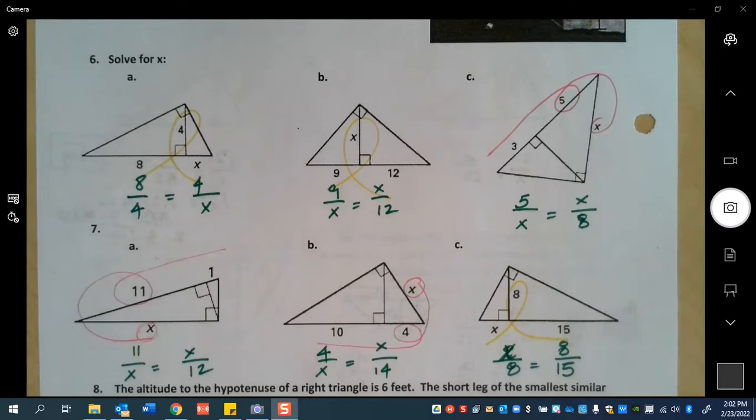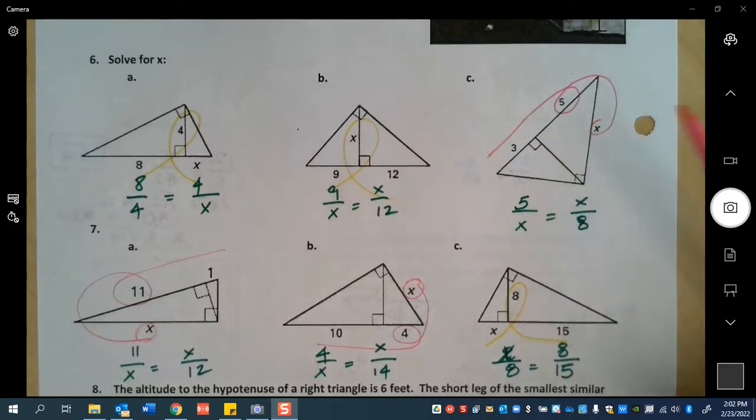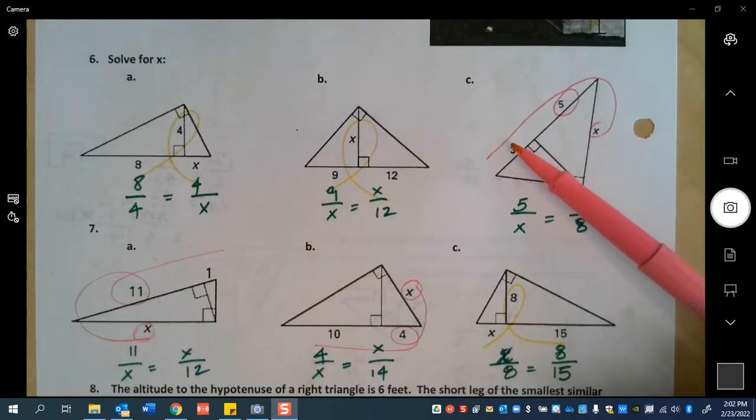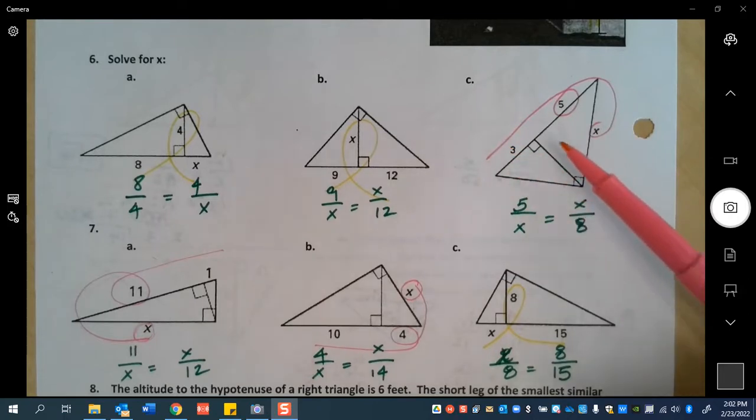The pink ones here are different: this leg of my biggest triangle is going to be the geometric mean between this piece that is touching and the whole. So this is like a leg-hypotenuse. The other one is an altitude conversation. So if you understand the similarities between A and B in 6 and C in 7, and A and B in 7 and C in 6, if you can see the difference between each of those proportions, then that'll answer your question.